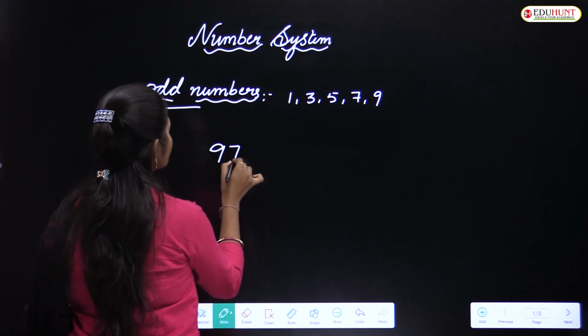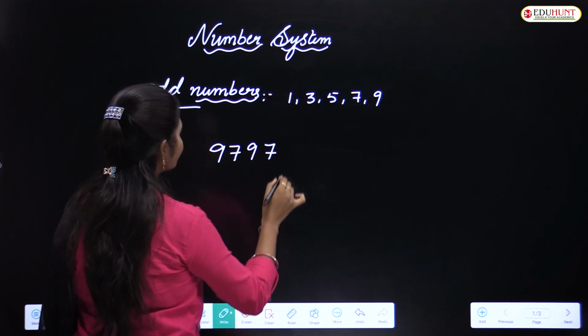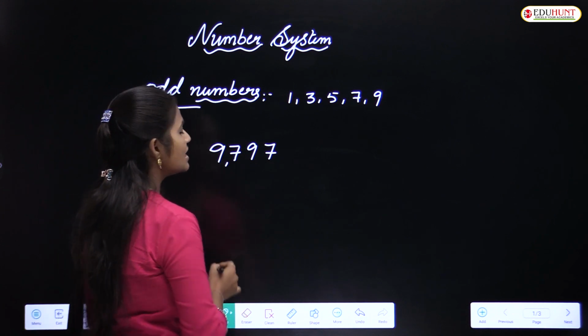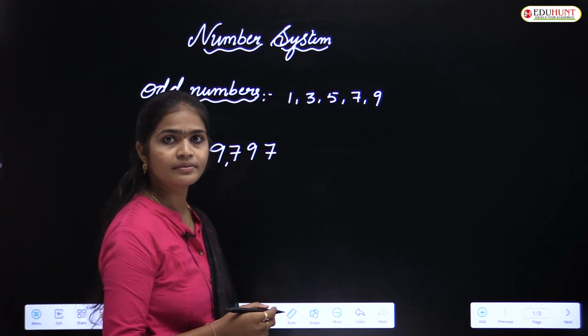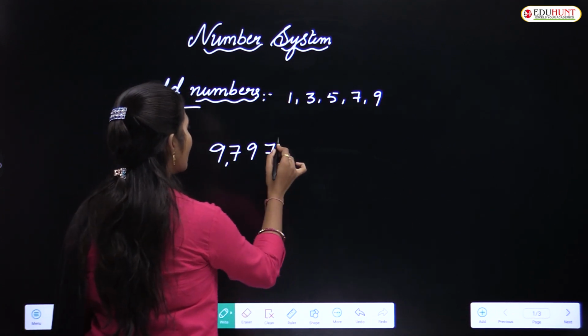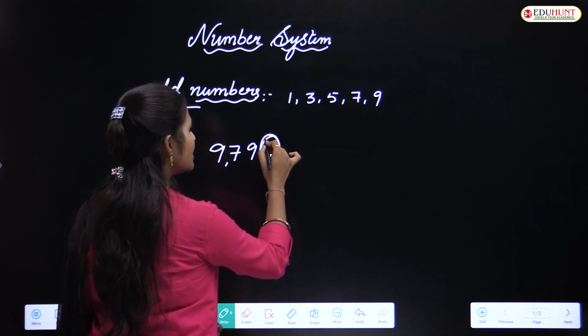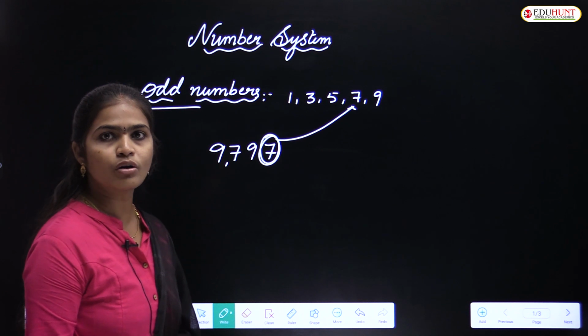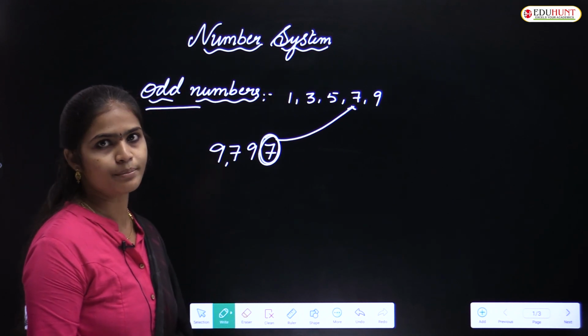So 9,797. In this number, is it even or odd? Yes, this is an odd number only. Why? Because in its units place we have 7. 7 is there in this list only, no? So we will call that given number an odd number.